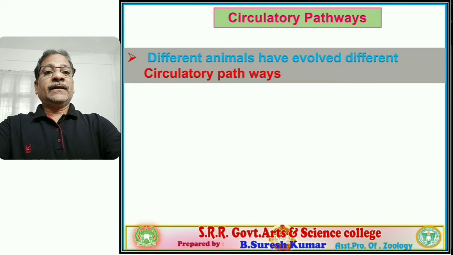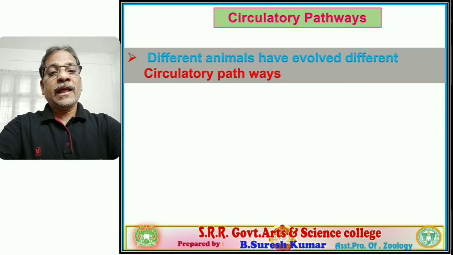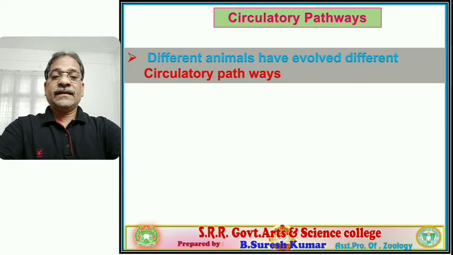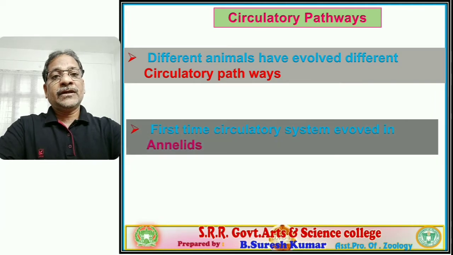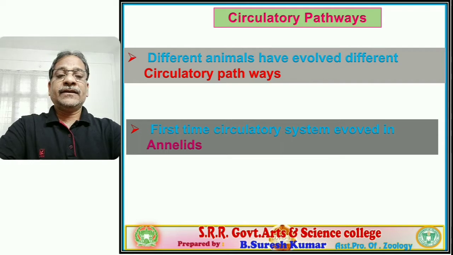Let us see the circulatory pathways that evolved in different animals. Alright. Generally, animals are categorized into two kinds: non-chordates and chordates. The circulatory system first evolved in annelids, the phylum Annelida.